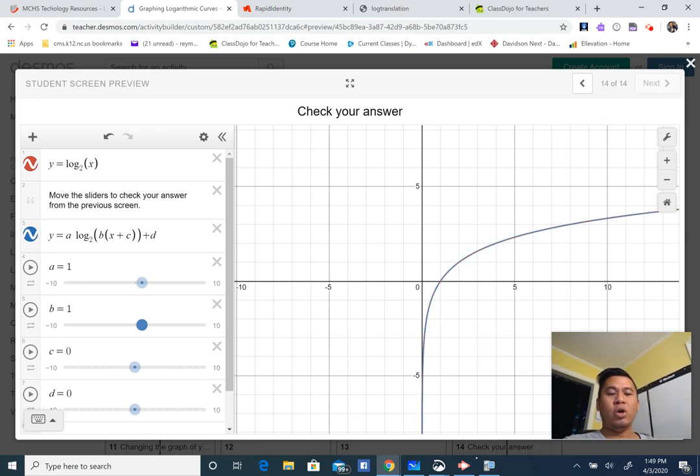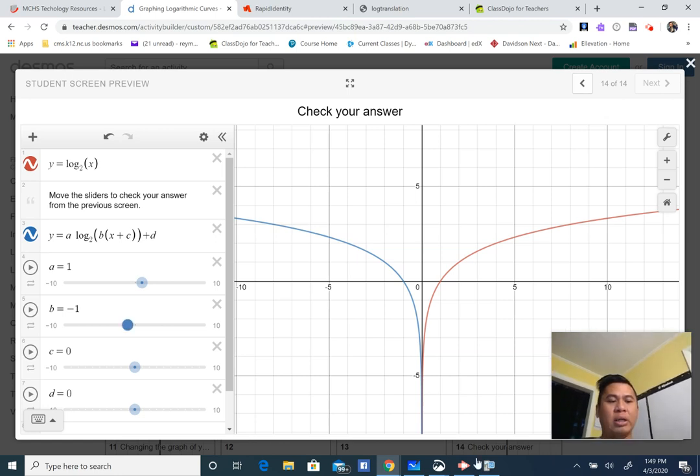So if we move our b going up, then there's a horizontal compression. But if your b goes less than 1, then there's a horizontal expansion. However, if our b goes negative, then it's going to reflect along the y-axis in here. So again, that's our b.